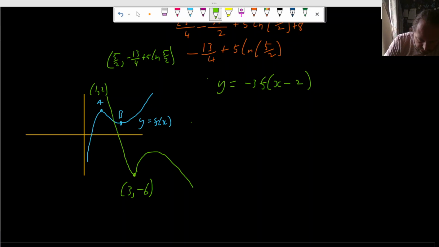So there's your point A. Point B would be your 9/2, just add in 2 to it, and now we need to multiply this by minus 3. So minus 13/4 times by minus 3 gives us 39/4.